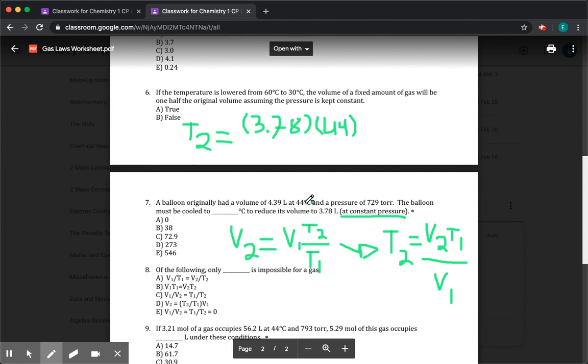Matter of fact, I'm pretty sure it does. I'm 99% sure the temperature has to be in Kelvin. Well, no, actually it doesn't. I'm confusing something else. So it's fine the way it is. Just plug the numbers in as normal.